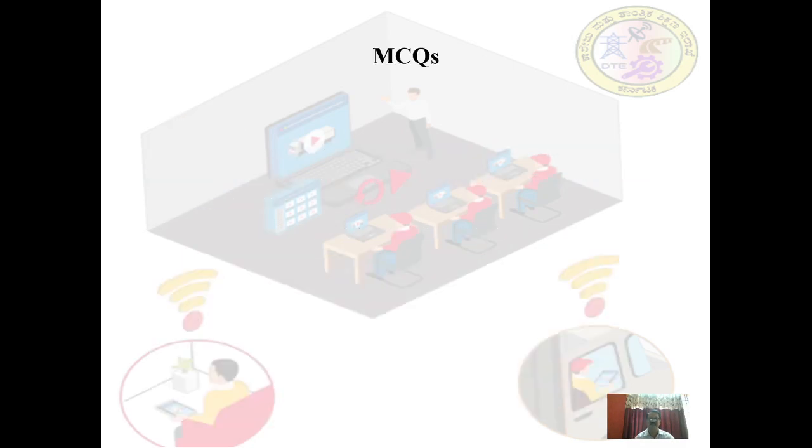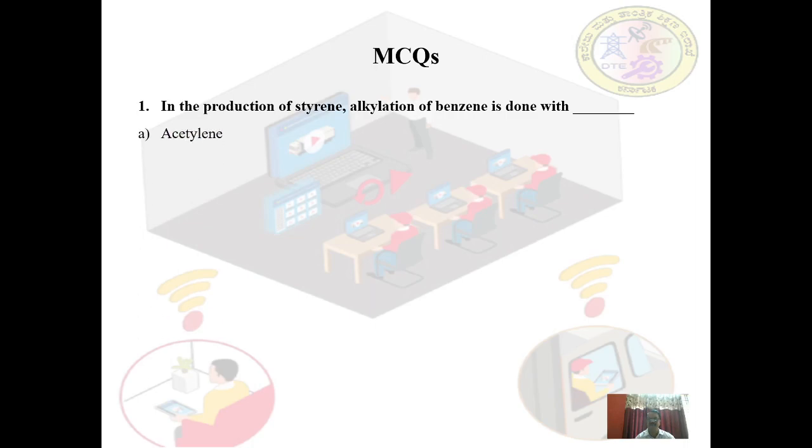We'll see some of the MCQs in this session. Number 1, in the production of styrene, alkylation of benzene is done with A. Acetylene, B. Ethylene, C. Propylene, D. Butylene. Right answer is answer B, ethylene.